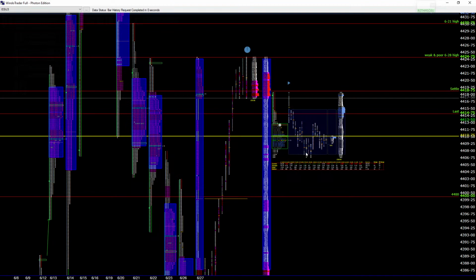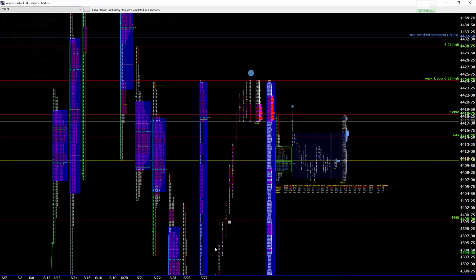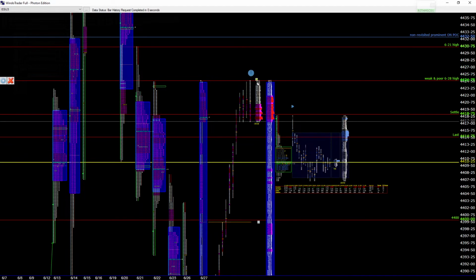For example, if the market comes back and opens in this area, I will see the breakout here. If I go long here, I know the risk is super high. If the market keeps going to the upside, this is a good location here.